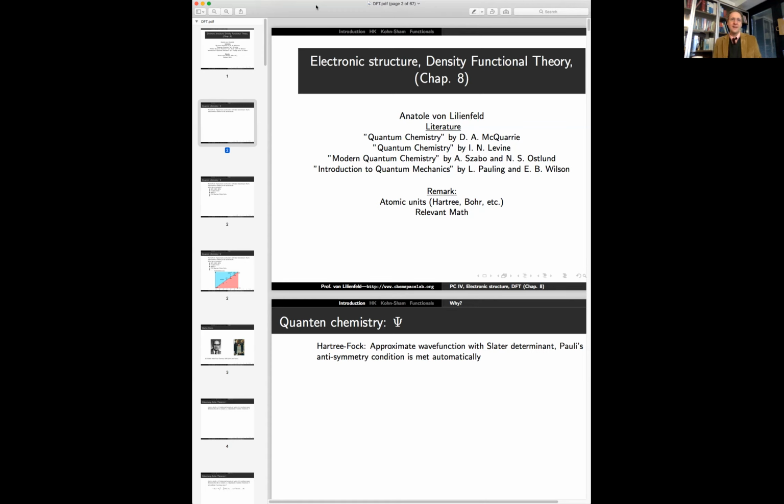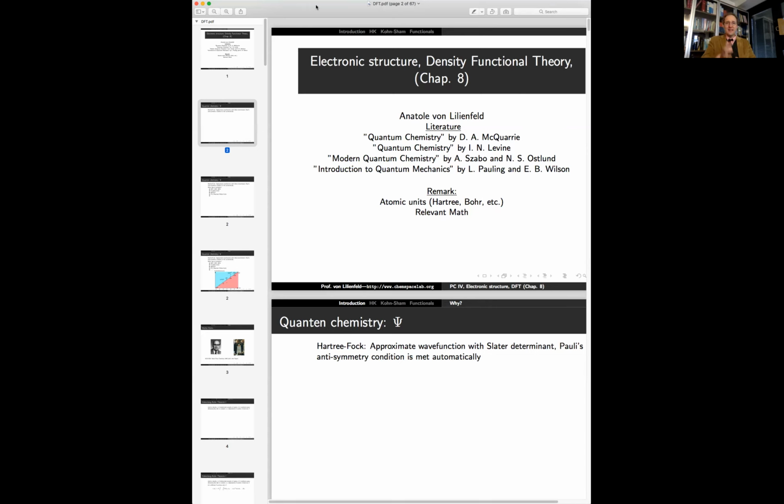Now, within Hartree-Fock, as we discussed yesterday, the approximate wave function is really a Slater determinant, and that results in the Fock operator, which accounts automatically for Pauli's antisymmetry condition.